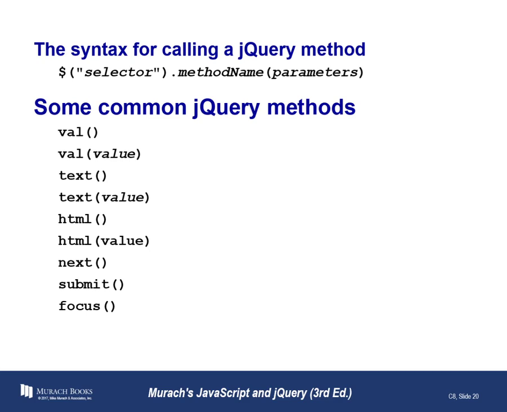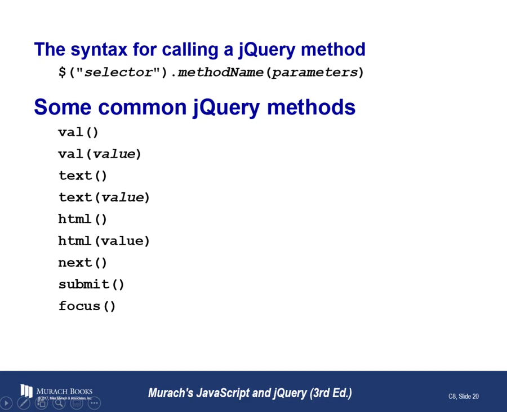Once you have a selection, the next thing you do is you apply a method to it. Now, really, you see here, you got the val function twice, the text function twice, the HTML function twice, and next, submit, and focus. These are real simple, okay? Because they all have JavaScript equivalents, right?